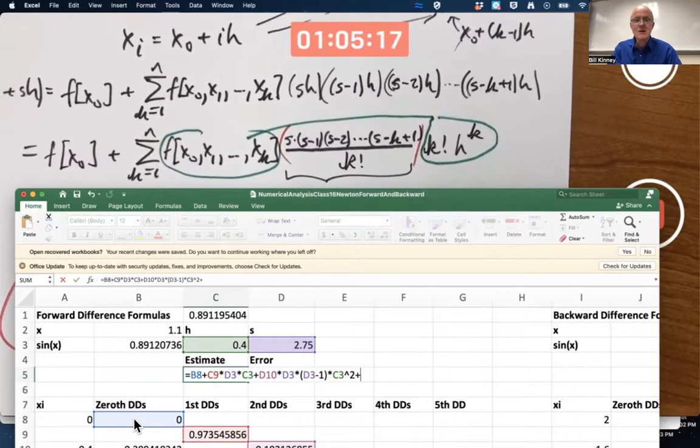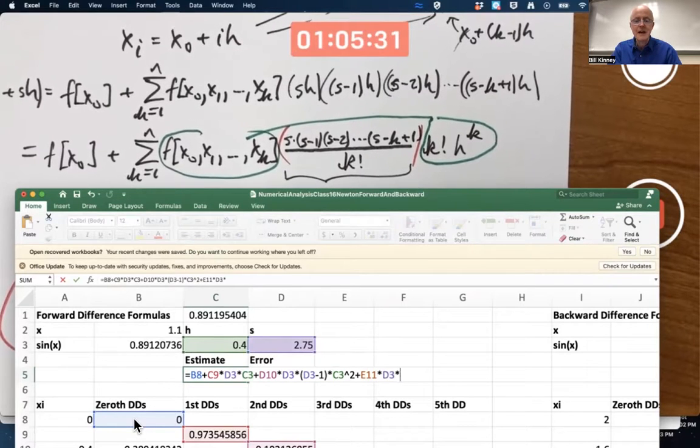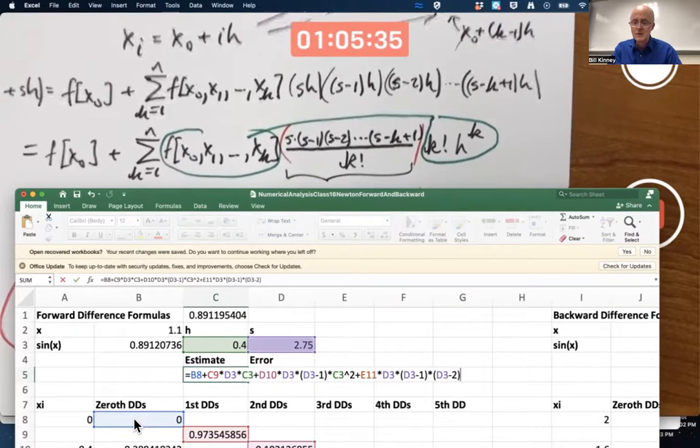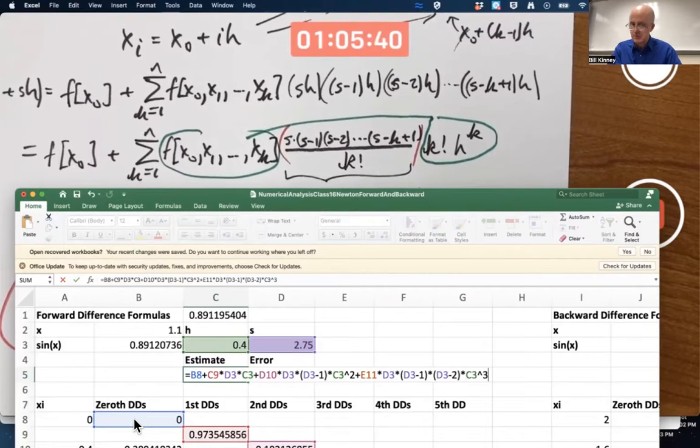Next, what did I just do for k? I just did k equals 2. Now we're doing k equals 3. We need E11, I can't see it on the screen. Times S times S minus 1 times S minus 2 times H cubed.